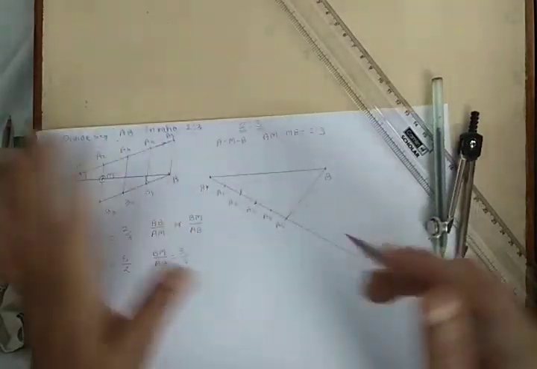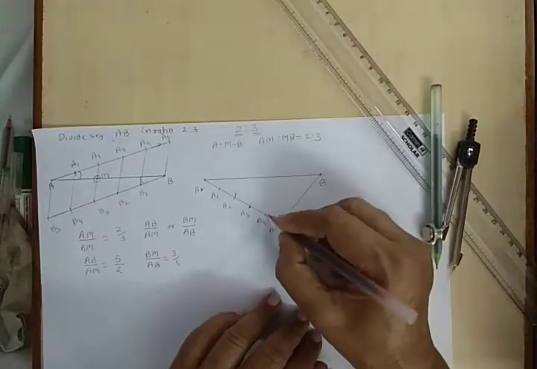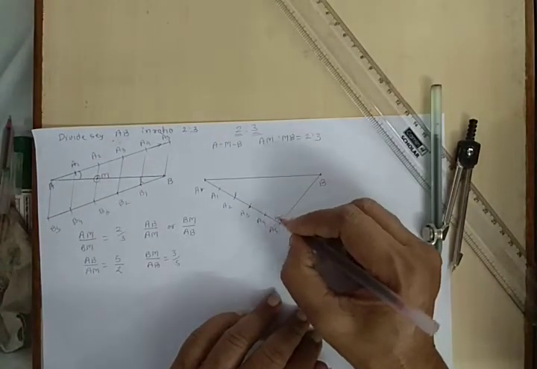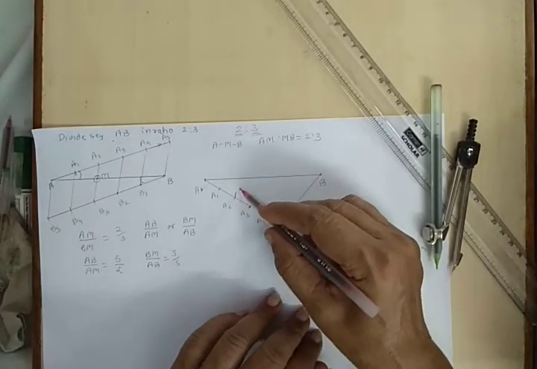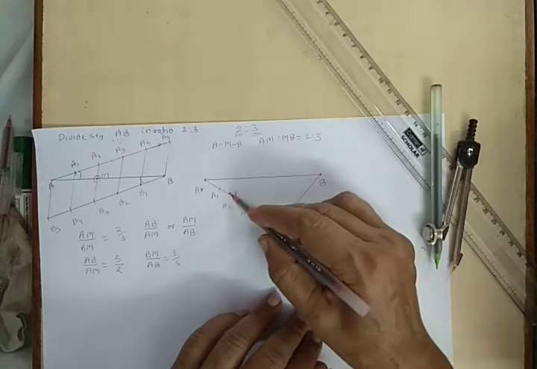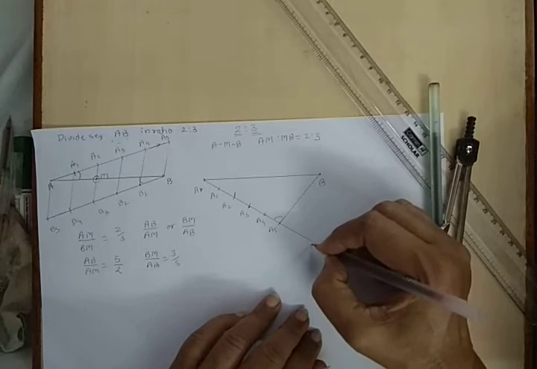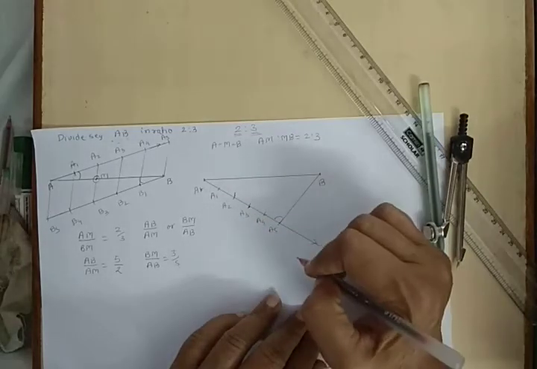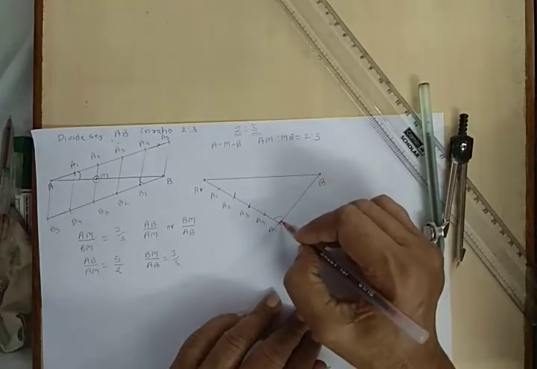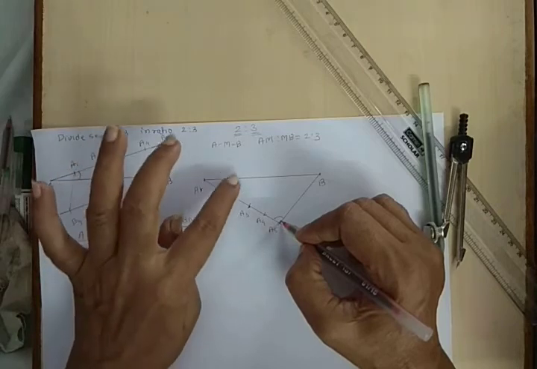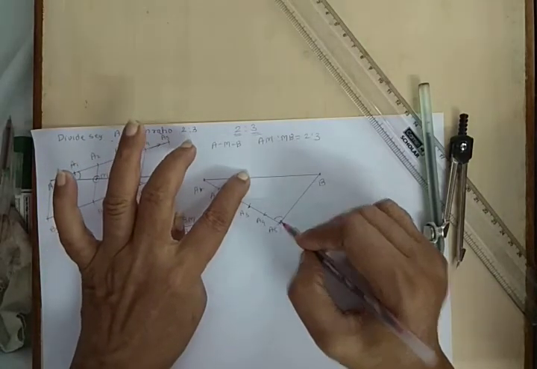Understood? Now suppose this is whatever angle is. If there is a line parallel from 2 parts, then the corresponding angles made by the transversal A5 will be congruent. So whatever angle is formed here, that much angle I am going to find from here.